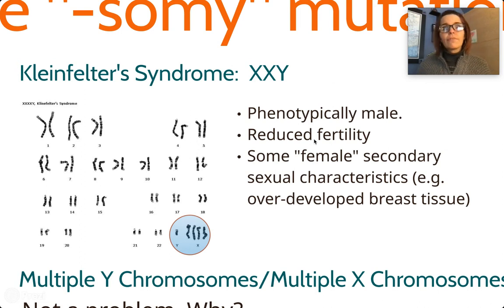It's not at all associated with feeling like you're in the wrong body. That's a different issue. It's just associated with having mixed sex characteristics, but not necessarily with anything else about gender.